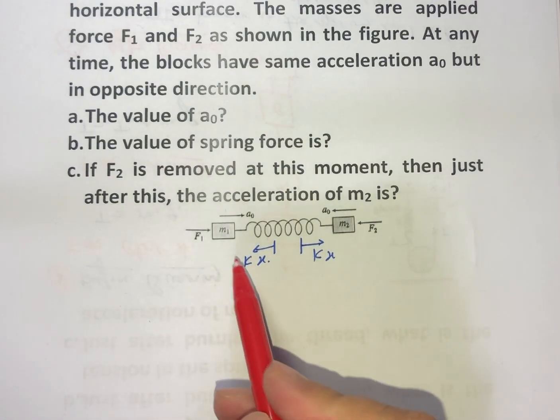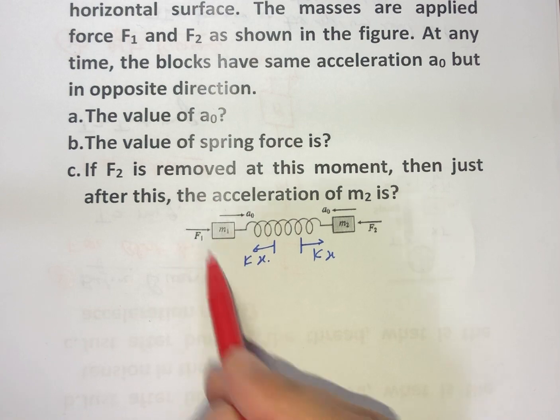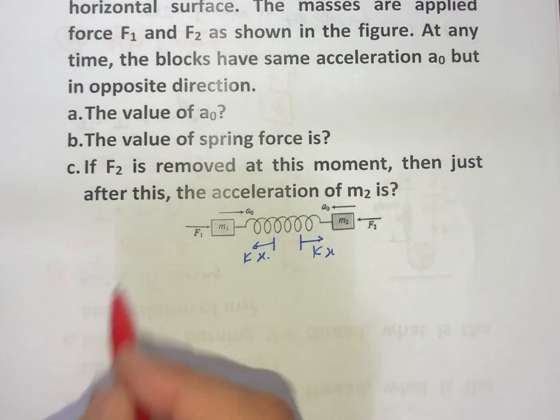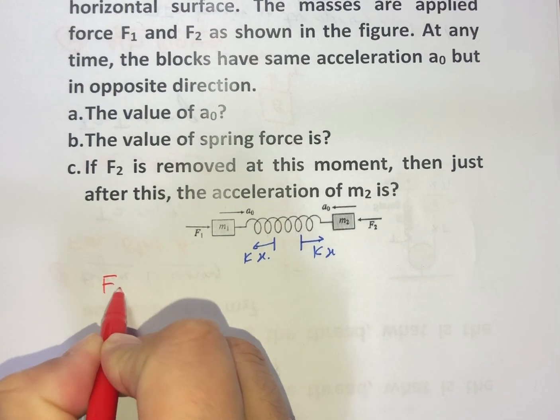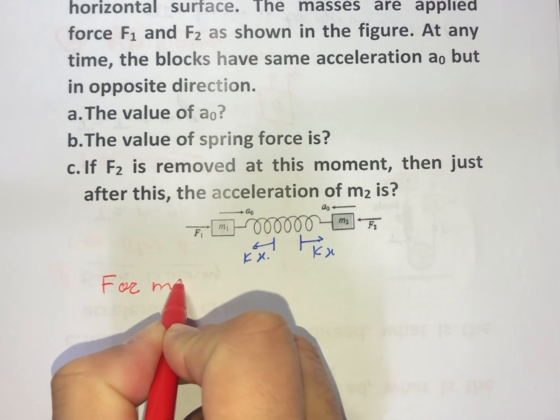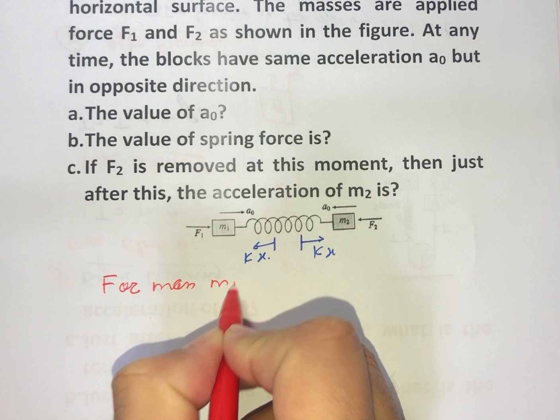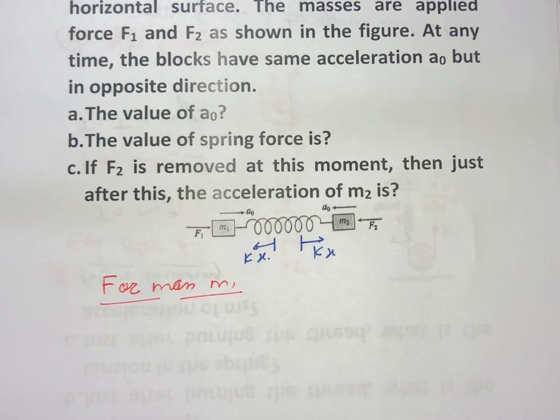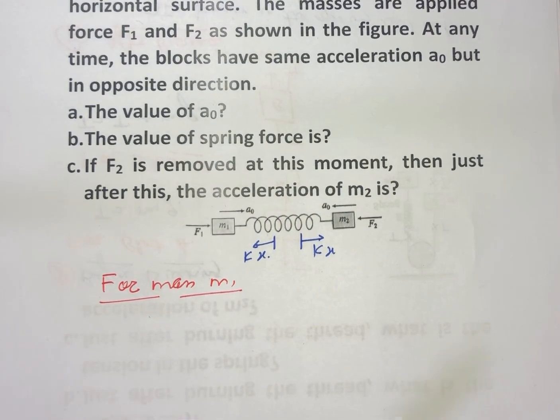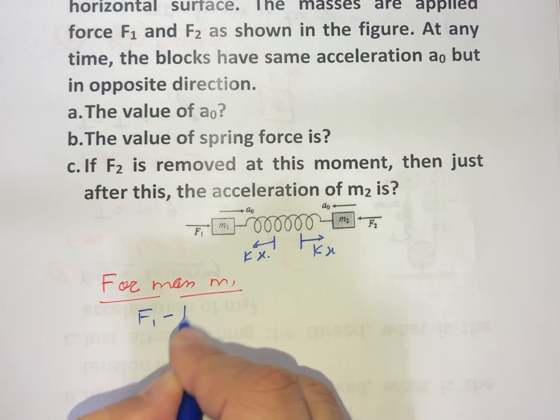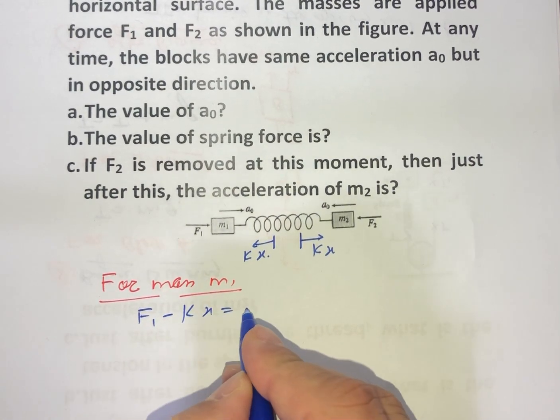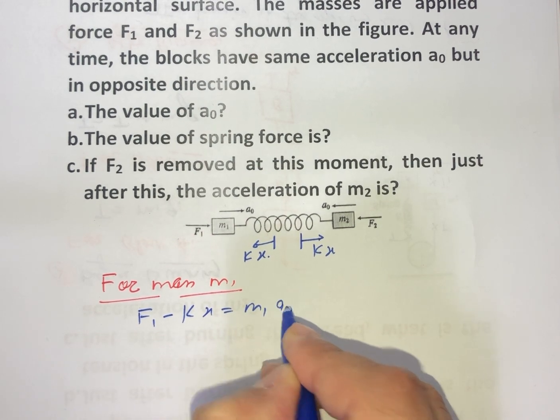Now let's write the equation of forces for block m1. For mass m1, F1 minus kx is equal to m1 a0.